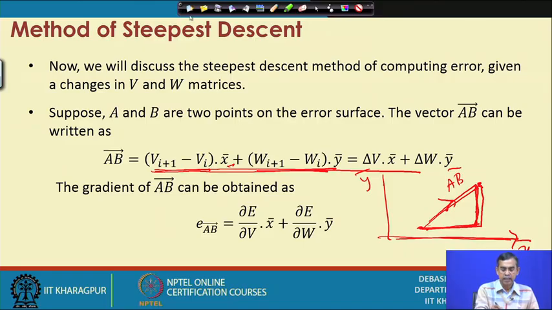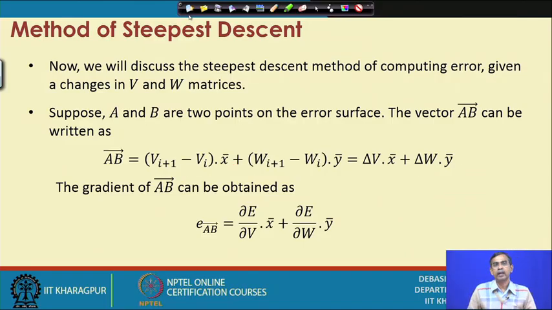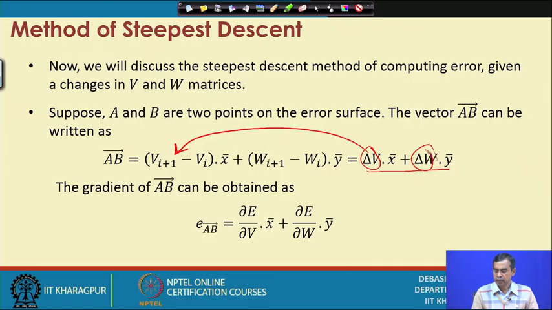So, it is basically the representation of a vector in terms of 2 points, V_i, W_i and V_{i+1}, W_{i+1} in the search space, and this can also be represented in a compact way in this form, where del V is the same as this one and del W is the same as this one. Now, this is the vector representation.